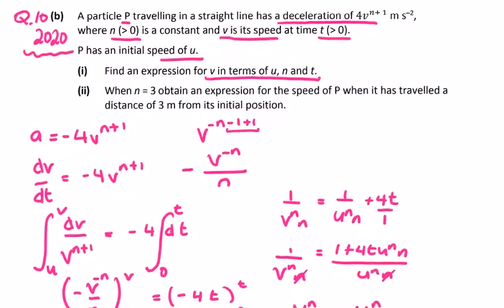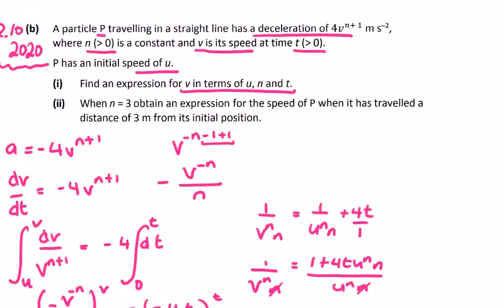Part 2 of the question: when n is equal to 3, we have minus 4v to the power of 4. Obtain an expression for the speed of P when it has traveled a distance s, so we're looking at displacement ds. We know v dv/ds is equal to acceleration.